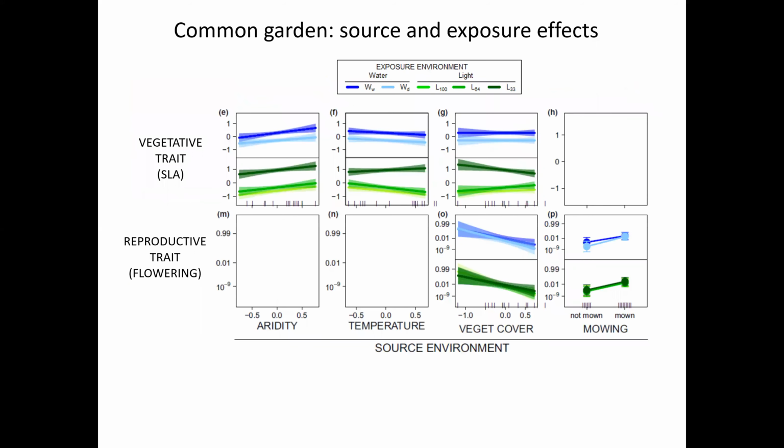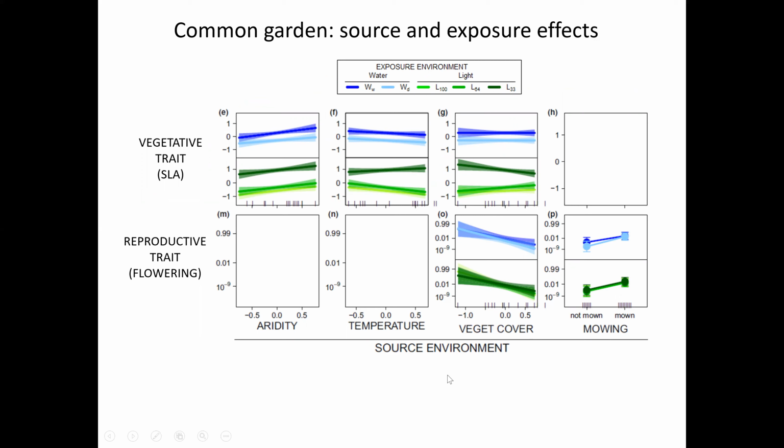So now I will try to summarize the main results. Here we can see trait responses to source and exposure environments. As in the conceptual figure that we saw before, we have a source environment, in the horizontal axis, with aridity, temperature, vegetation cover, and mowing.